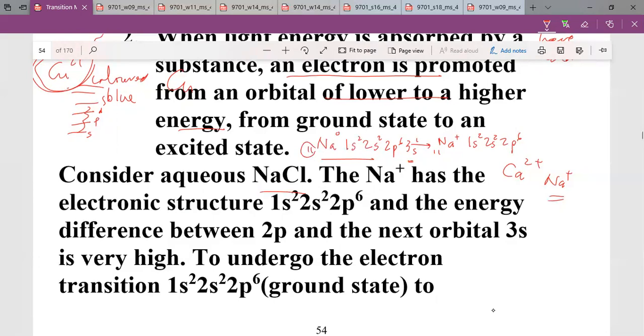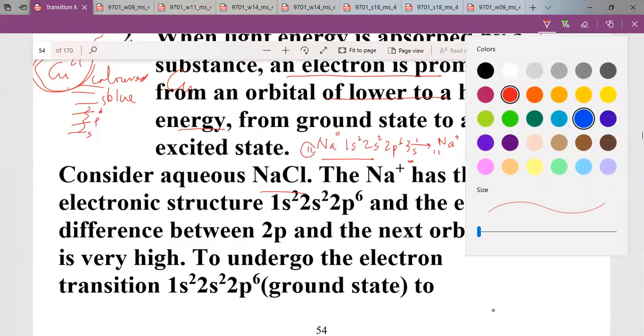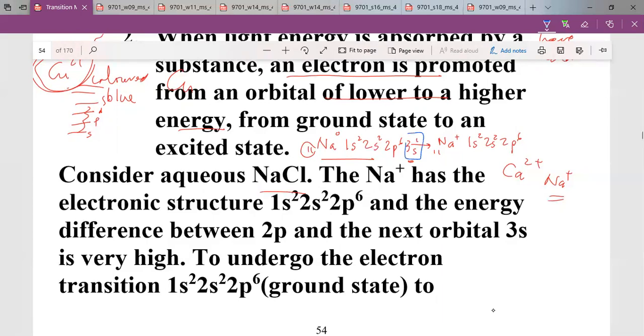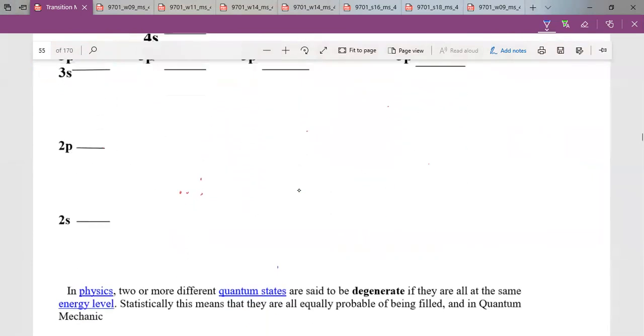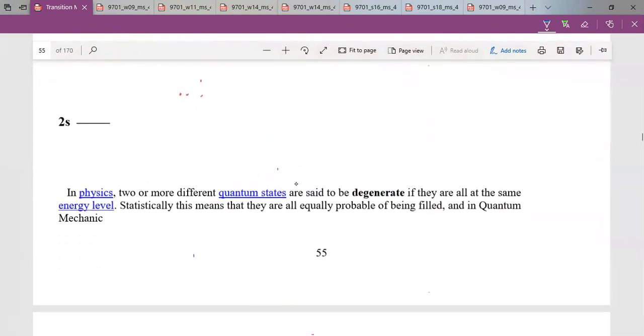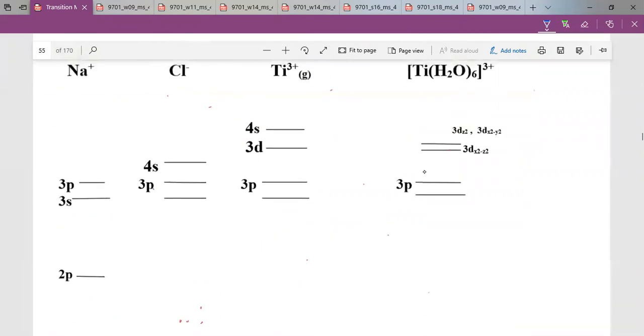So when sodium loses 1 electron, when it loses the 3s electron, so 3s here is empty. It's the next level. Let's say I put 1s down here, just to make it 1s2, 2s2. Now this is your sodium, Na plus.